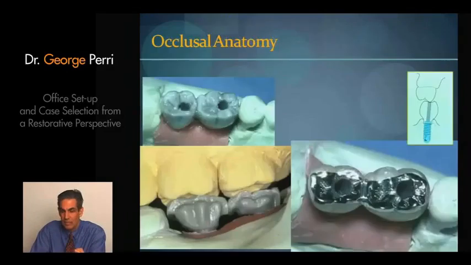In terms of occlusal anatomy, what are we trying to achieve? I think that it's always reasonable and prudent to attempt to achieve loading of the implant down the long axis. One of the most detrimental cantilevers, especially on a single tooth restoration, on a single molar, is to have a significant labial cantilever.